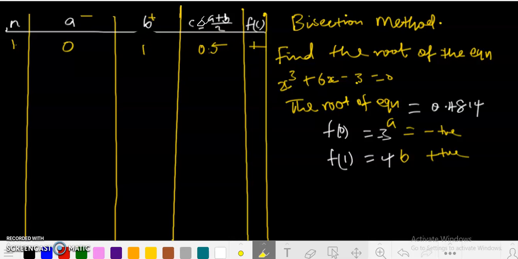We take this 0.5 as the positive value. We have 0.5 here and 0 here. So you evaluate again: calc, A is 0 and B is 0.5.